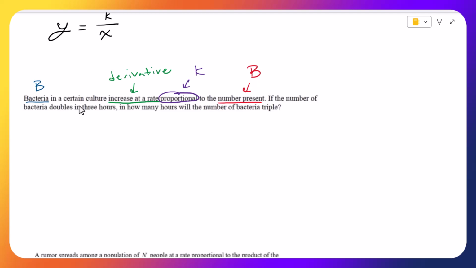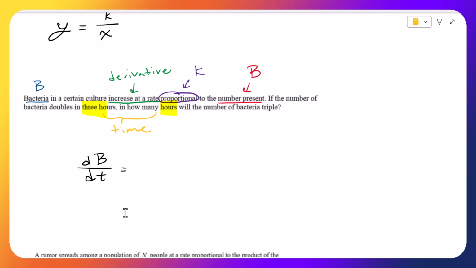And time is always our independent variable. So let's write this equation. We're talking about the derivative of bacteria with respect to time. So that's dB over dt is proportional to the number present.